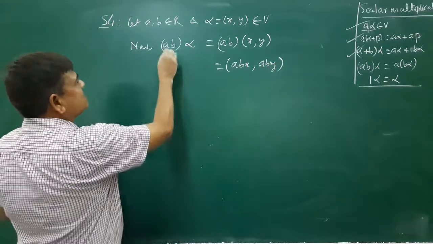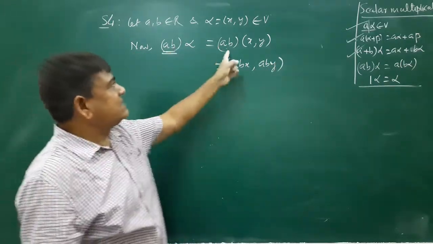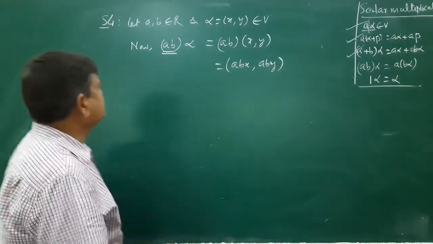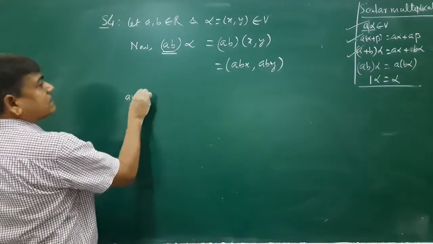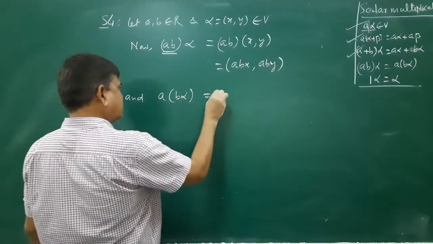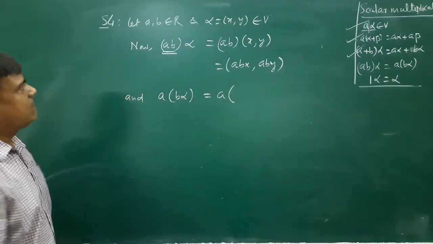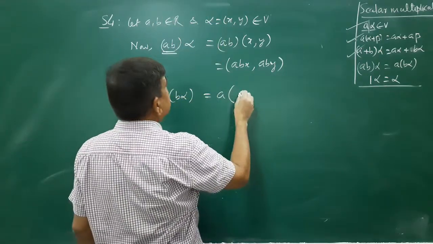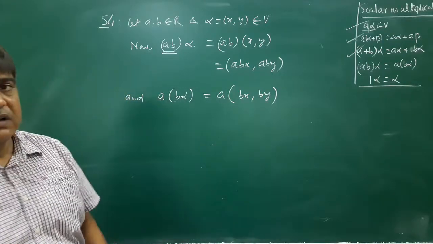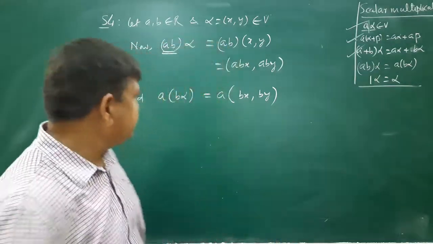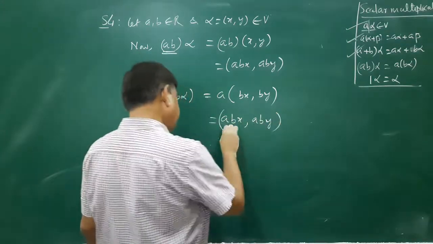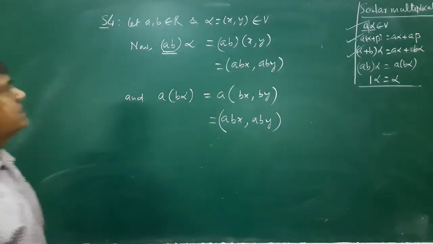In your mind, you can suppose this is a single element k, so k alpha is kx, ky. It will be this. And a (b alpha): b is multiplied by this, so it is bx, by. Now I am writing straightforward. This is by definition abx, aby. This is question number 1.